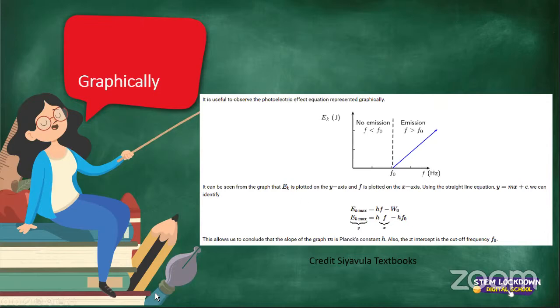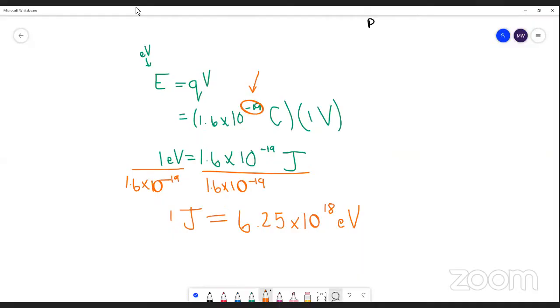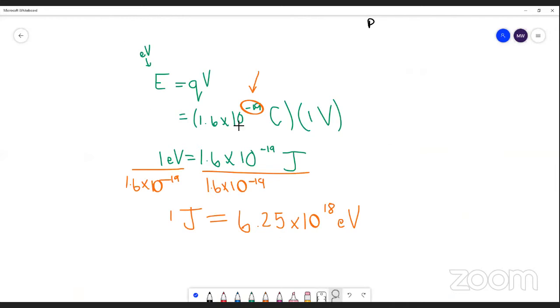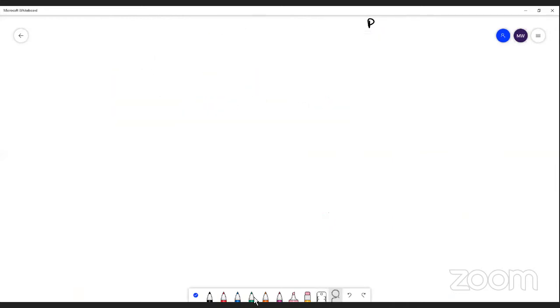So if I draw it on the whiteboard, if I have this graph, that should be a straight line. This is frequency, this is EK. Let's say my cutoff frequency is over here.